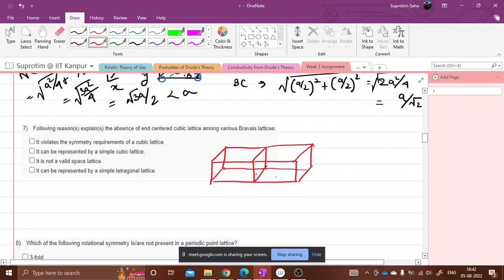So you have atoms sitting around here, here, here, sitting around these places, and now you're being asked about end-centered cubic. All right. So end-centered cubic in that case would be given by, you have this, this.